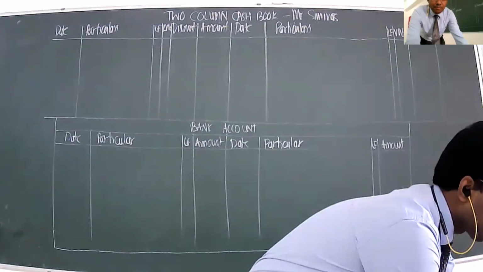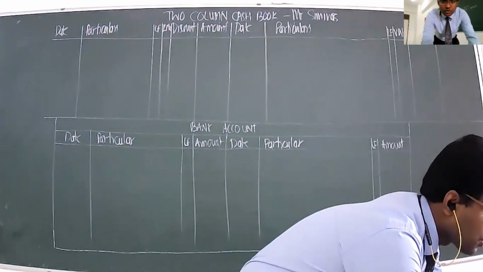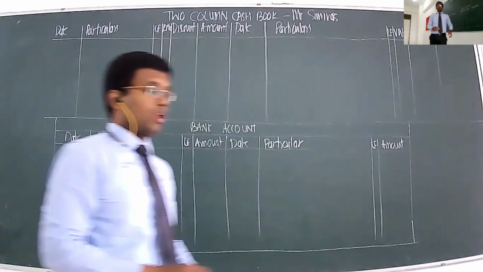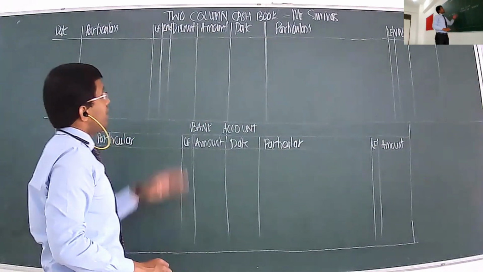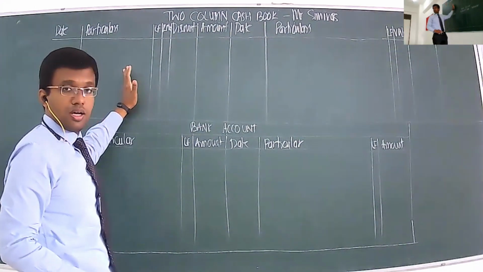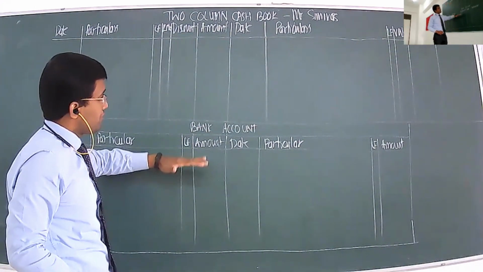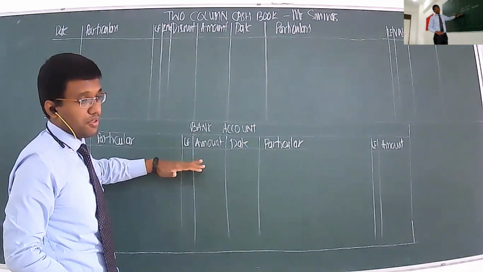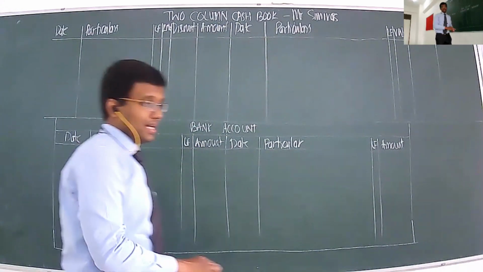Here they are asking us to prepare the two-column cash book, and to facilitate the check transactions we will have to prepare a separate bank ledger account.